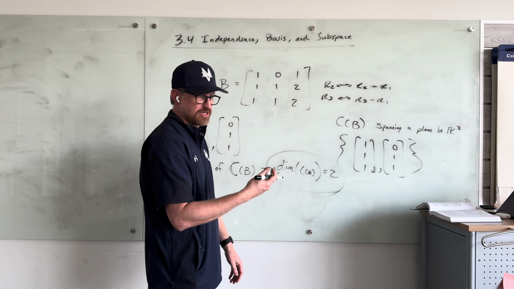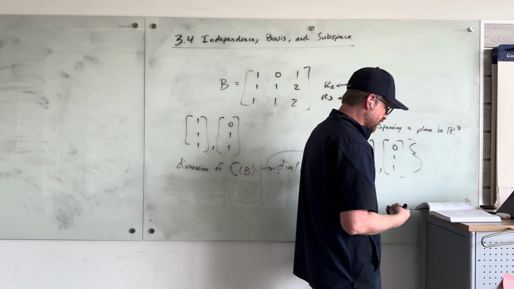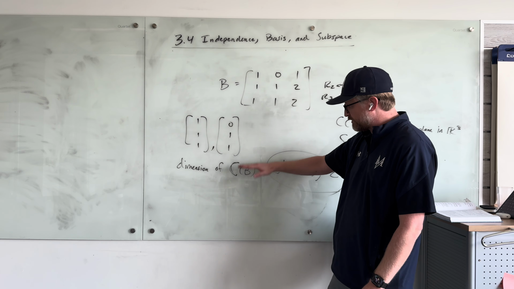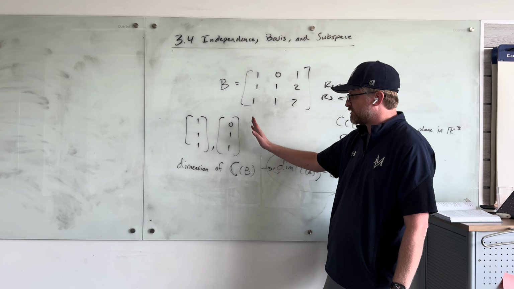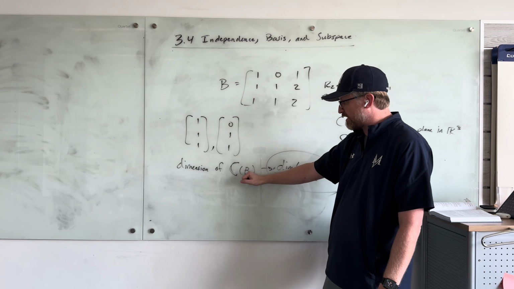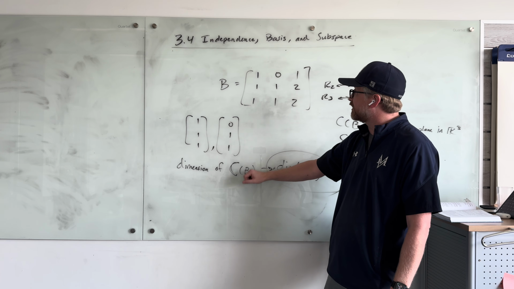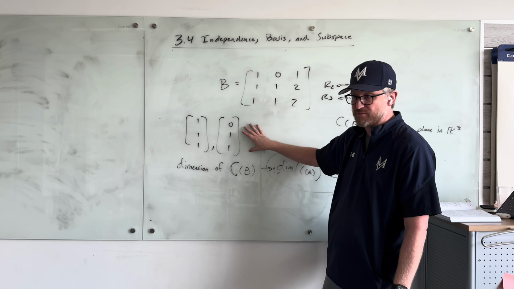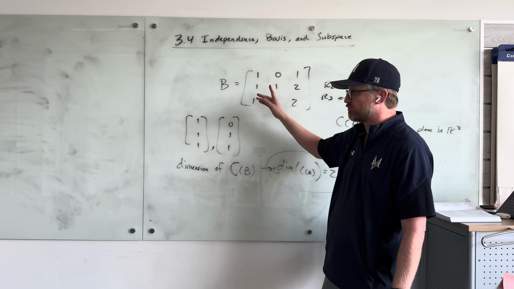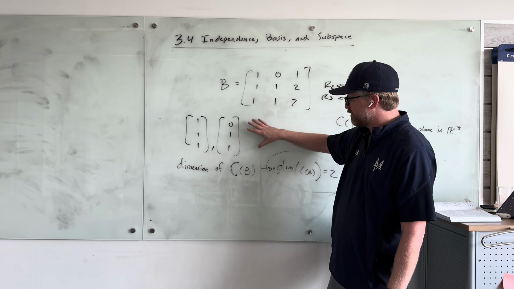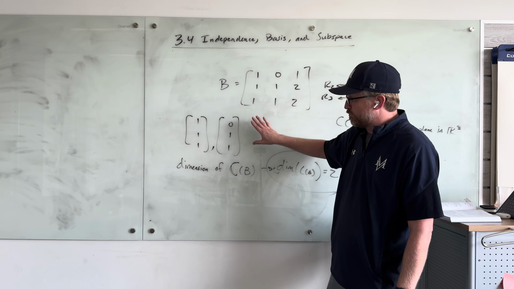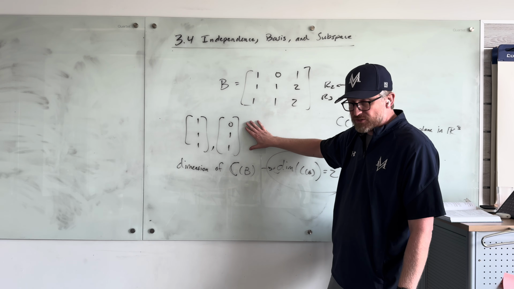So the basis will always tell me that dimension. And it doesn't matter if I use this basis for the column space, or if I was to find another set of independent vectors that gave me this column space. If I performed the reduced row echelon form, that would also keep me here, and I would only need 2 vectors to get there.